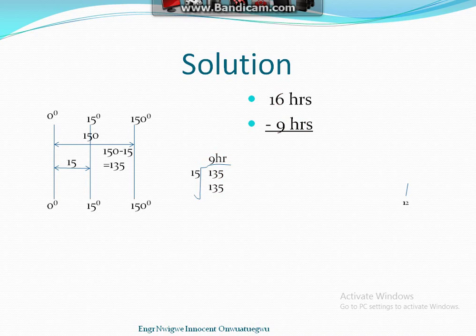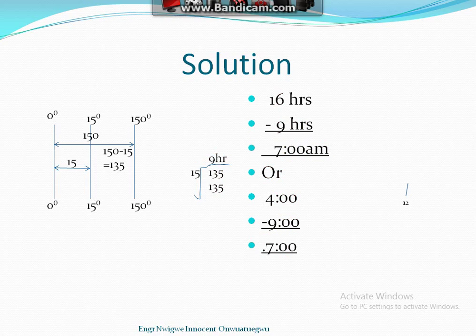So since 4 p.m. is 16 hours, we now subtract 9 hours from 16 hours, which gives us 7 a.m. in the morning. Or let's have it like we draw the clock.